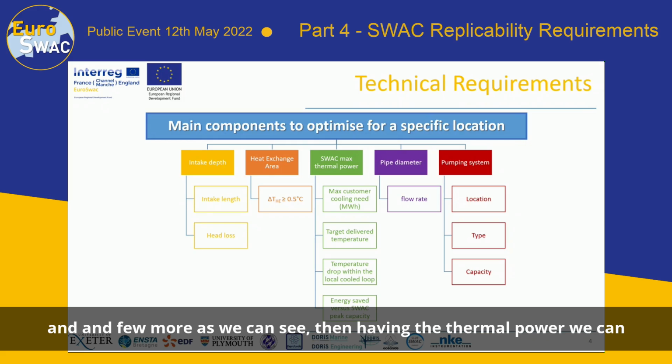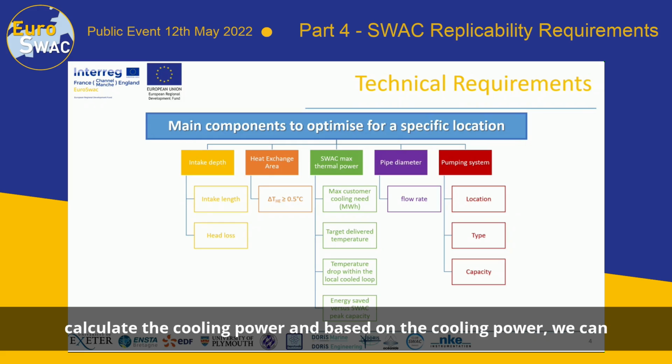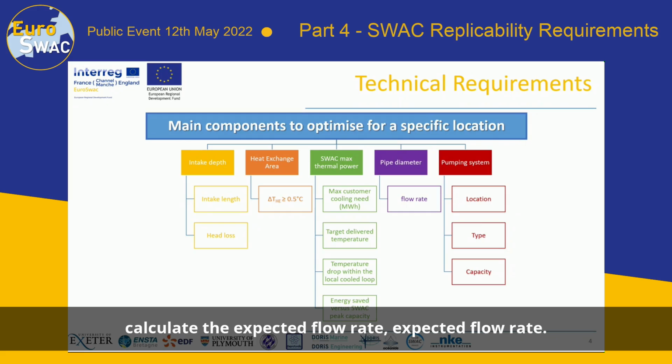Then having the thermal power, we can calculate the cooling power, and based on the cooling power, we can calculate the expected flow rate. Expected flow rate is needed to establish or optimize the pipe diameter.